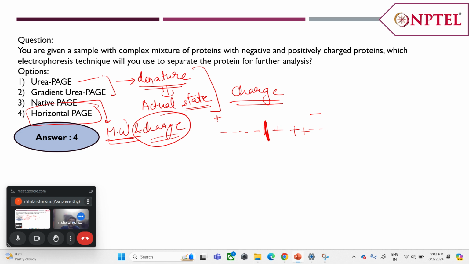Two molecules having different charges can have the same mass also. So if we have native PAGE, then we would separate the proteins on the basis of molecular weight as well as the charge. But if two molecules have different charge but the same molecular weight, we will not be able to separate those particular proteins using native PAGE. So that is why we are using horizontal PAGE.